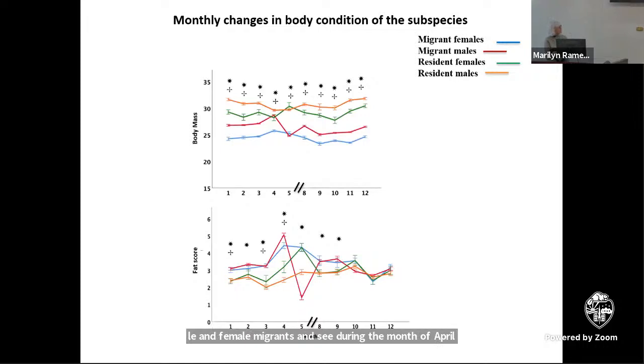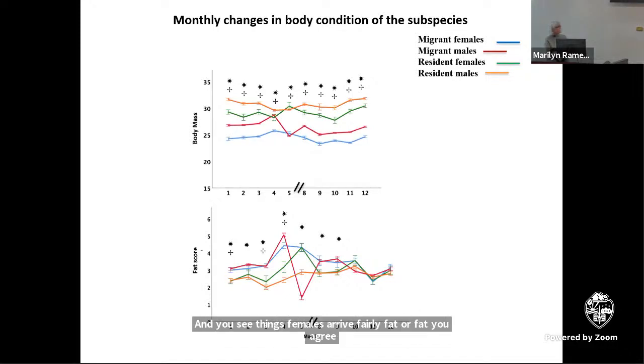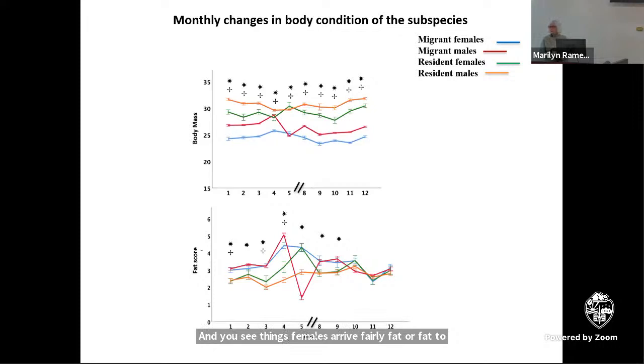The interesting thing is females arrive fairly fat and retain their fat through early breeding, but males drop as soon as they arrive, they become territorial and defend a visit-dependent territory. But the point is that the spring phase, in terms of fat and less so body mass, appears very different than it does in the fall.